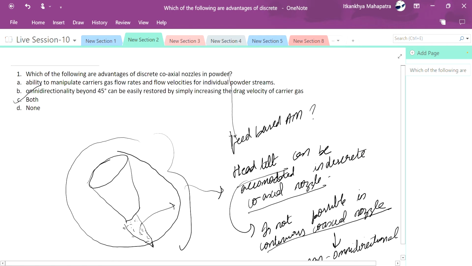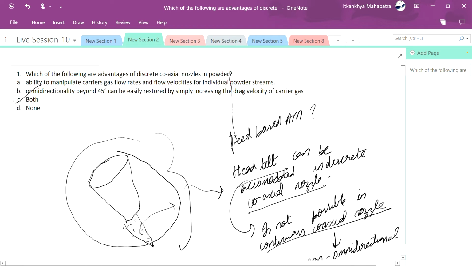And next is the ability to manipulate carrier gas flow rates for individual powder streams. So in here what happens is, with increased density of the powder on the bottom than in the top, a head tilt of continuous coaxial nozzle over an angle stops this, but in discrete this problem is not there.